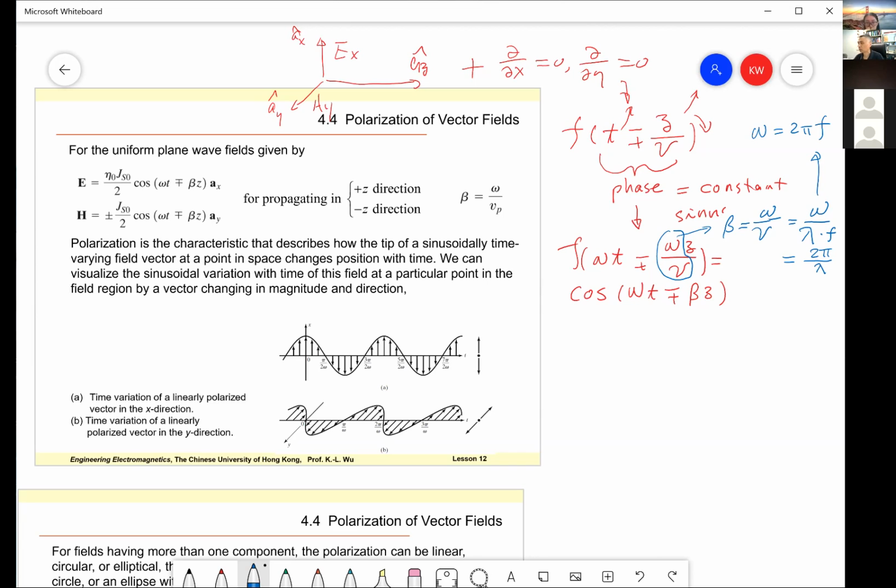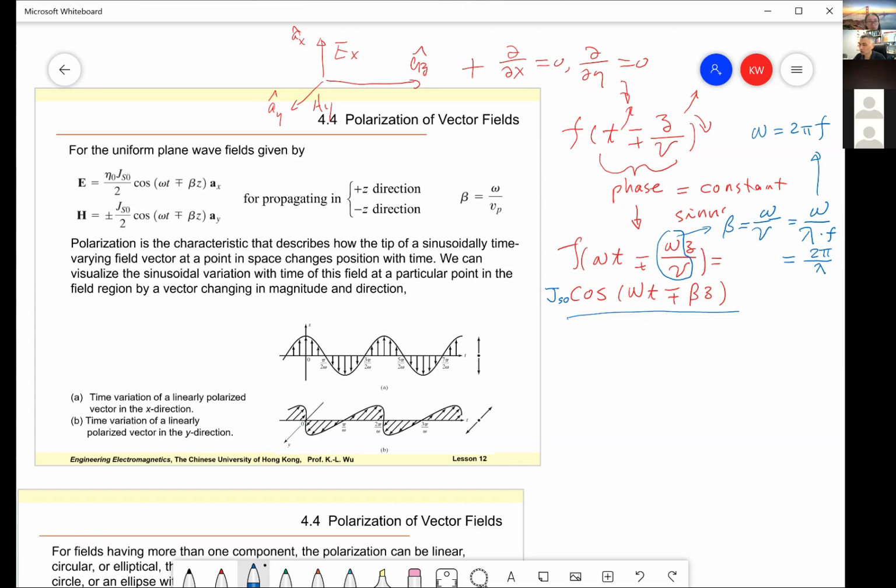Now we are not surprised. For a sinusoidal wave, we can have this form. And for simplicity, I multiply an arbitrary constant, which I call E0, a constant.